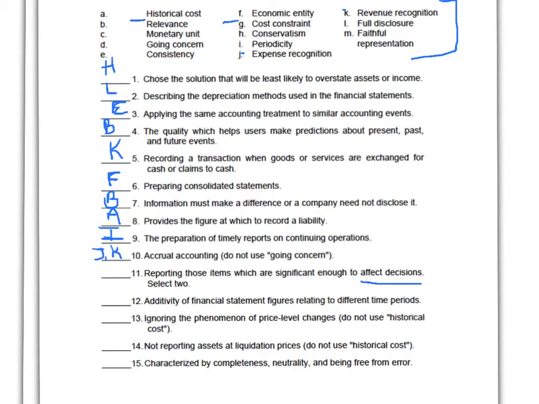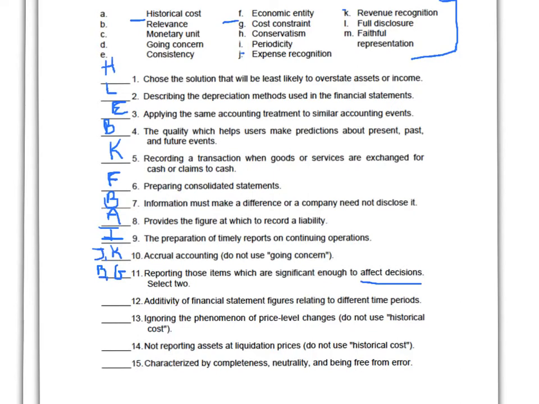Significant enough to affect a decision is the cost constraint says, are the benefits larger than the costs? You could also argue that it could be expense recognition and revenue recognition. I think the main ones here are going to be B and G. I would argue they're big enough. Those are the ones that are most important here.